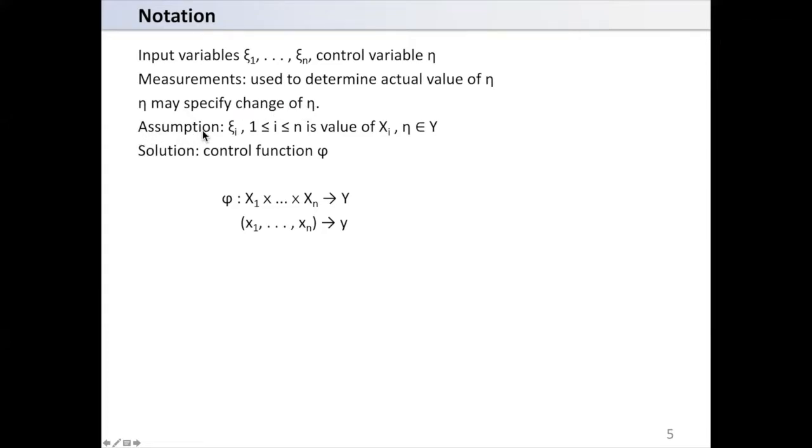The assumption is that epsilon i, from 1 to n, is a value of X i, and eta is an element of the output space. We have to find a control function phi, which is a function from the Cartesian product of the input spaces to the output space. That is, from the tuple x1 up to xn to y.